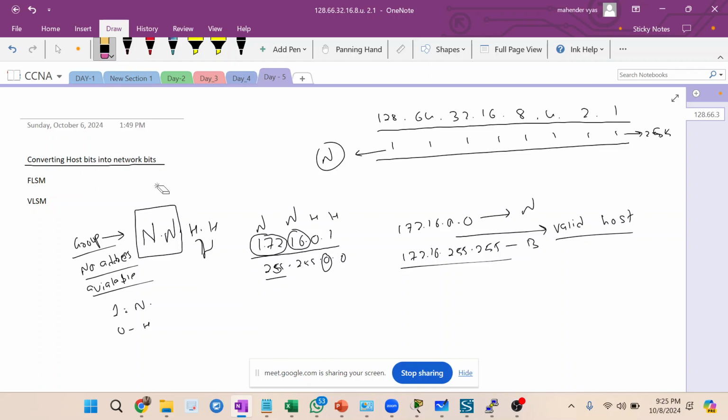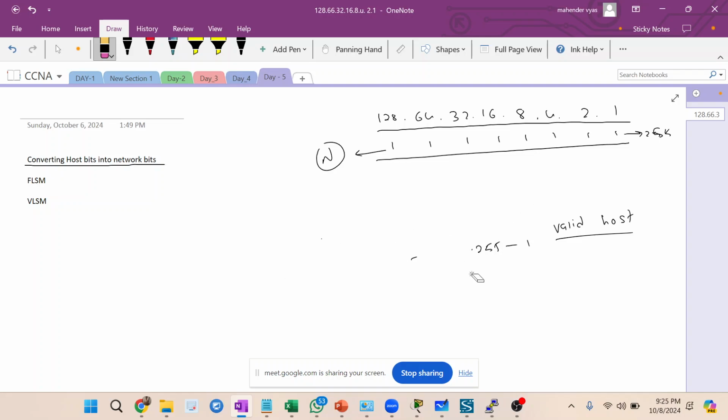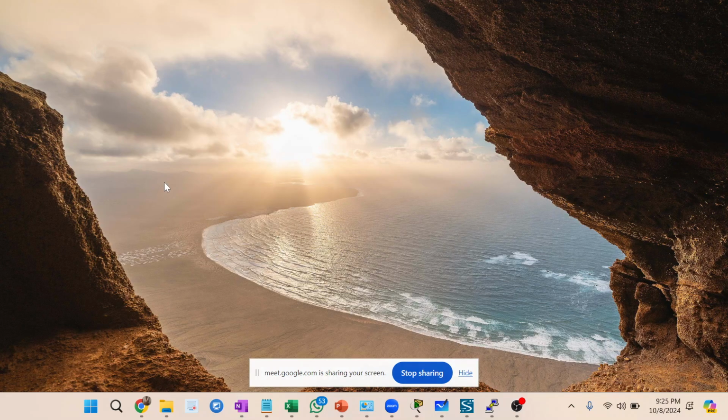Now we will try to understand if I don't want this many hosts. In class B, we generally get 65,000 hosts, right? If I don't want 65,000 hosts, what would be the solution? We will try to understand now.